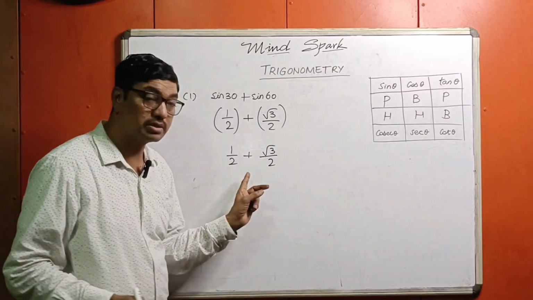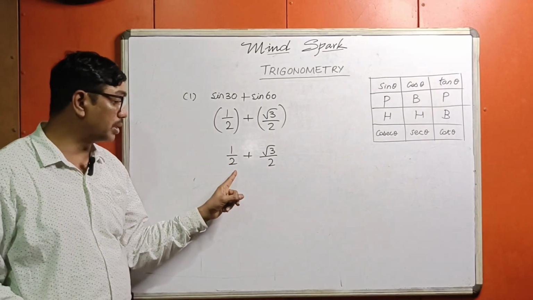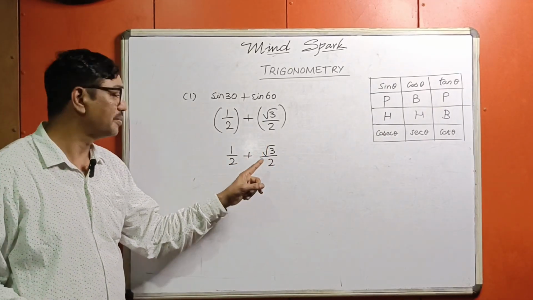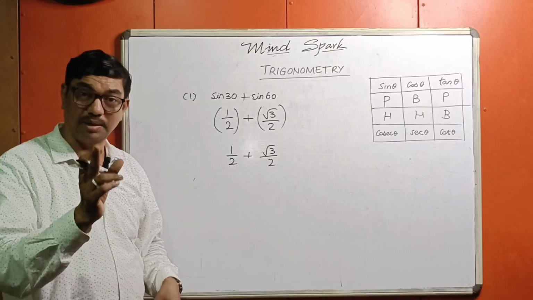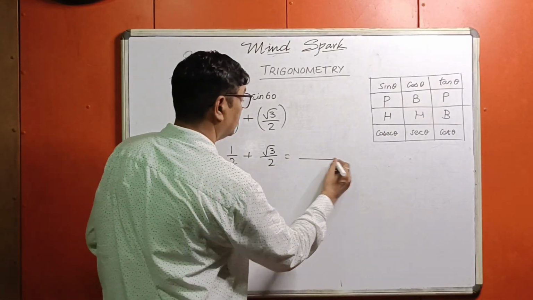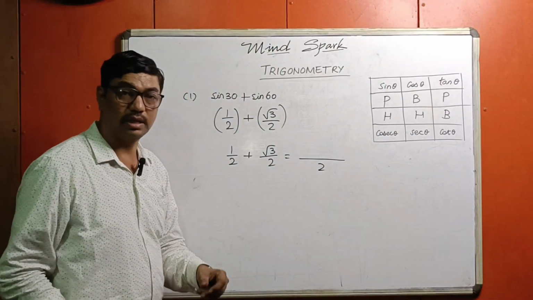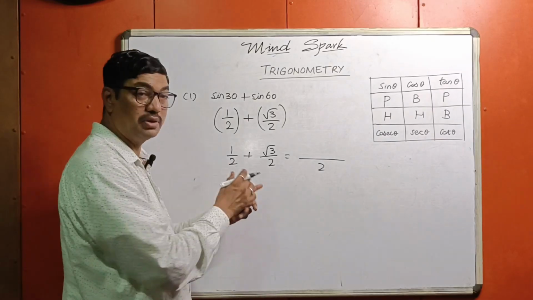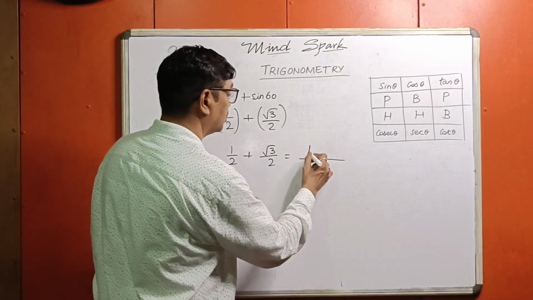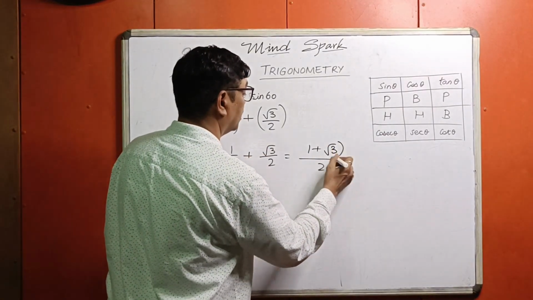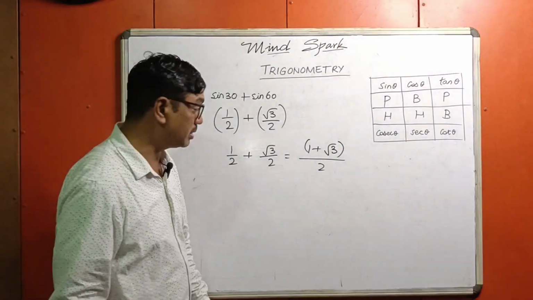Since the denominators are the same, 2 in both, you take the single denominator 2 and directly add the numerators. So it is 1 plus root 3. You should observe that.